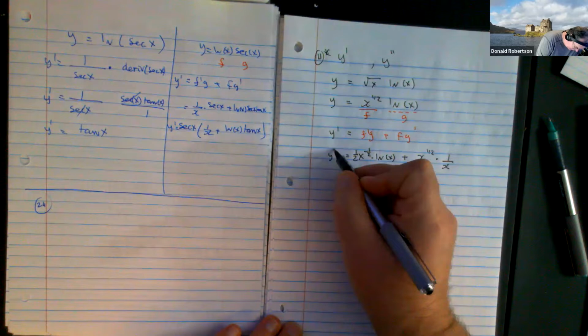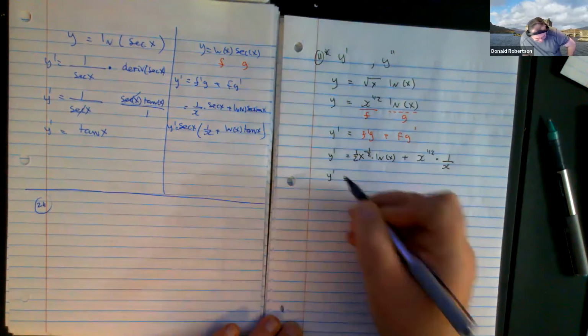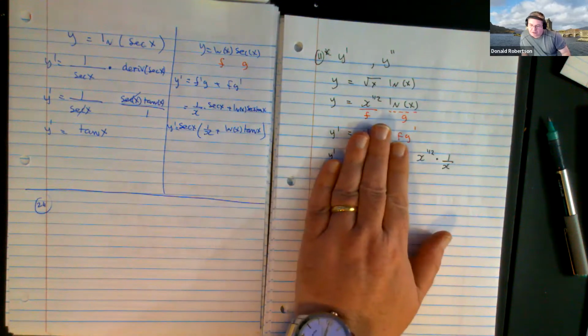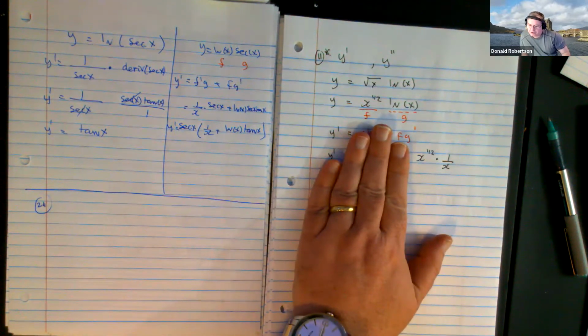And now we have to figure out, is there anything that we can do in style points to make this look nicer? Well, would you agree that x to the half times 1 over x can be combined into a single power of x?